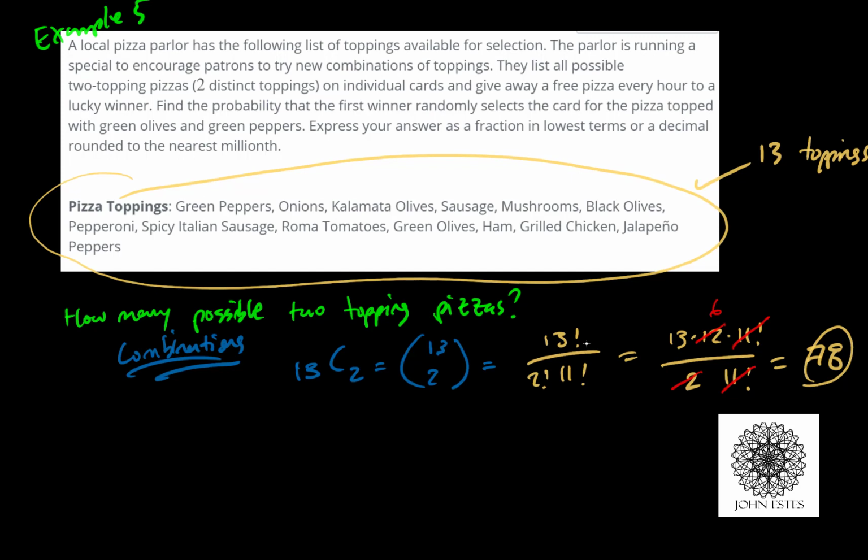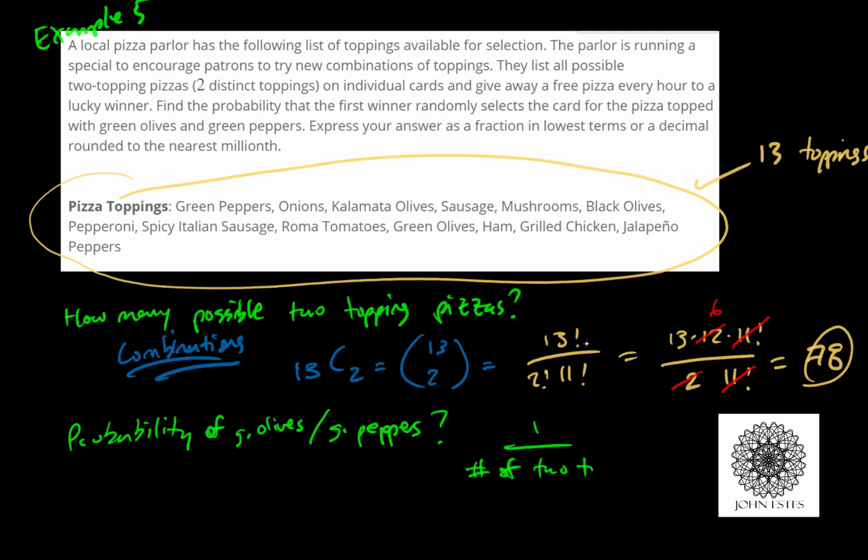Now, the question is asking what's the probability of the first pizza being green olives, green peppers? Okay, so out of all the combinations of 2-topping pizzas, there's only one that'll satisfy that. So it's going to be 1 divided by the number of 2-topping pizzas. All right, and well, you know what?